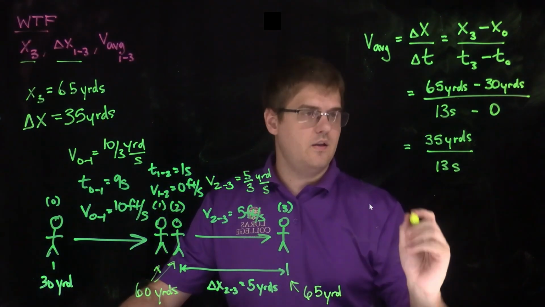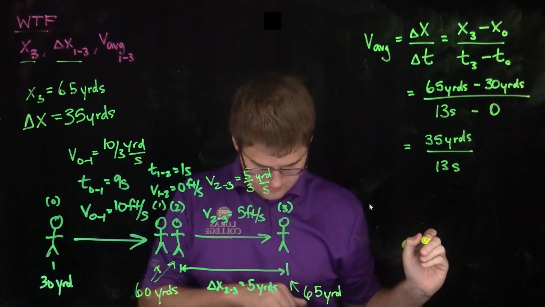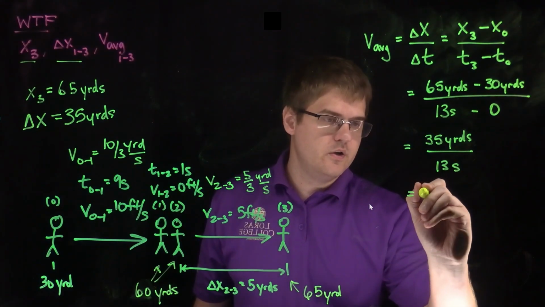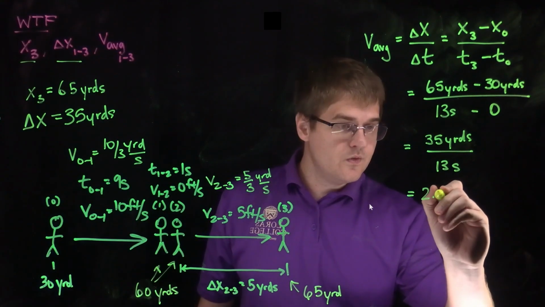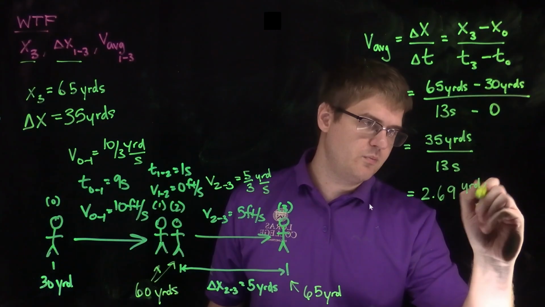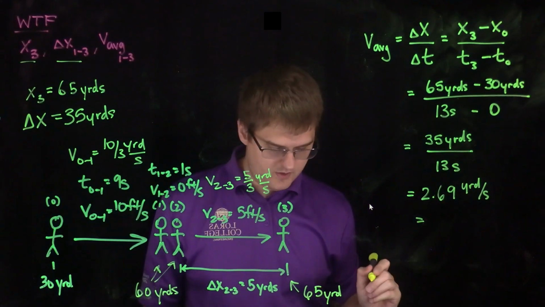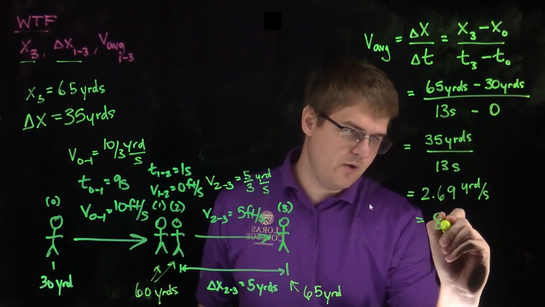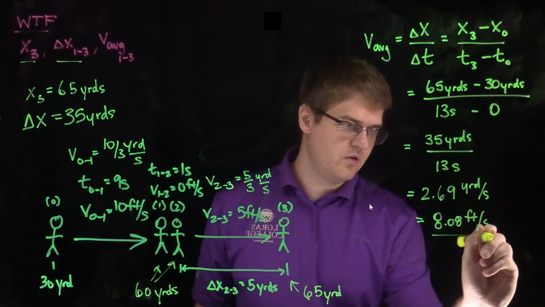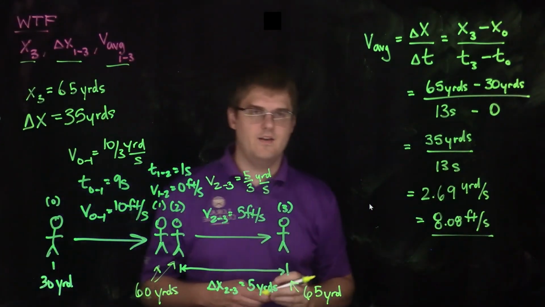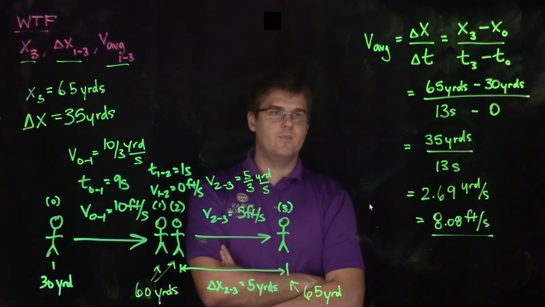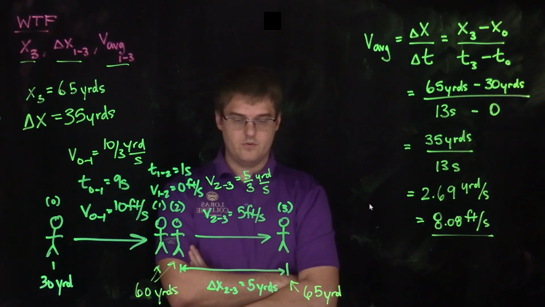So that is a number that I cannot do in my head, but I do have that on my notes, which means that I can say that that is 2.69 yards per second, and I can multiply that by 3 and say that I'm going about 8.08 feet per second. And that is my last what to find. So I can now say that I have successfully solved the problem. Perfect. I think there's one more for today.